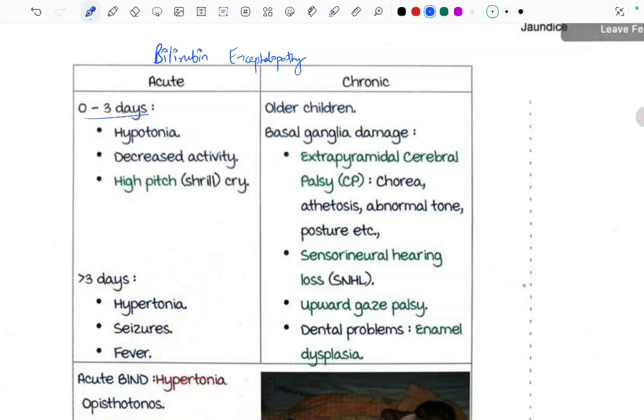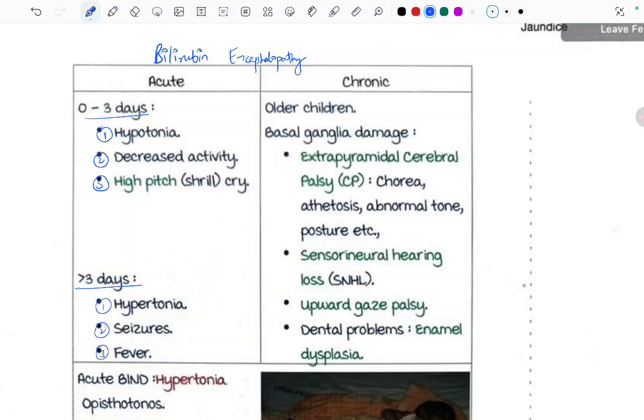If the acute bilirubin encephalopathy happens within 0 to 3 days, there will be hypotonia, decreased activity, and a high pitch or shrill cry. After 3 days, there will be hypertonia, seizures, and fever.